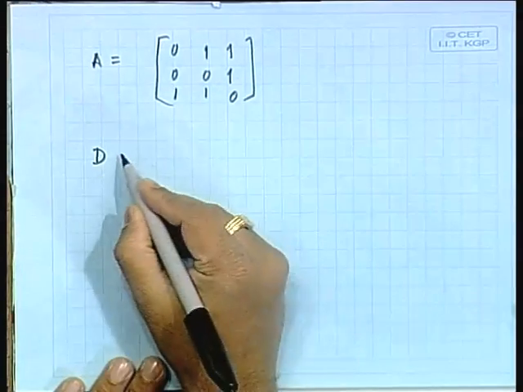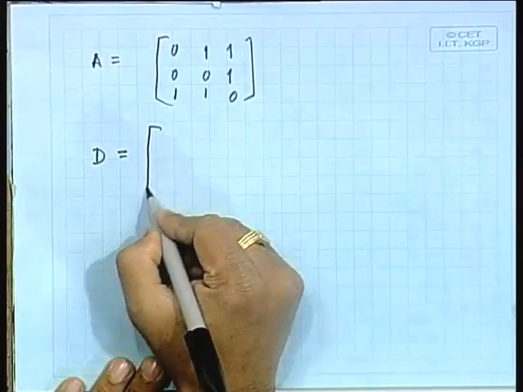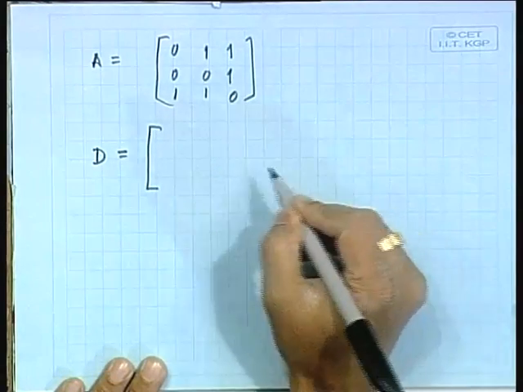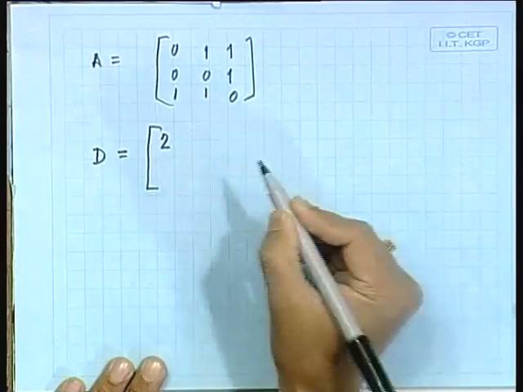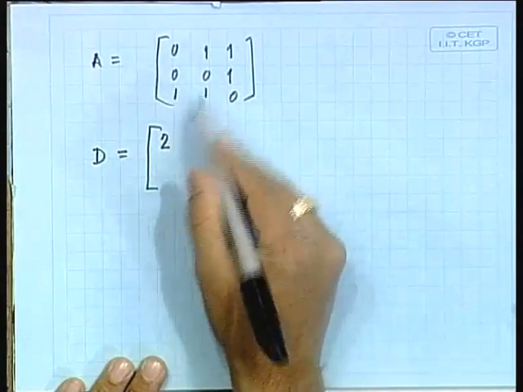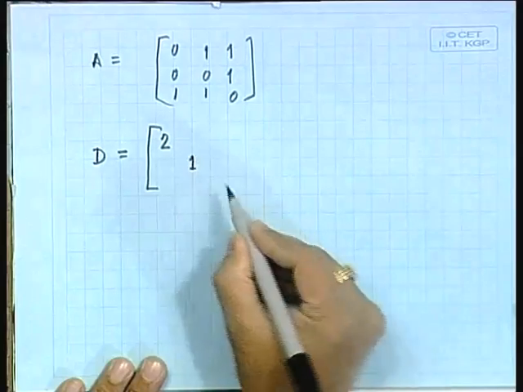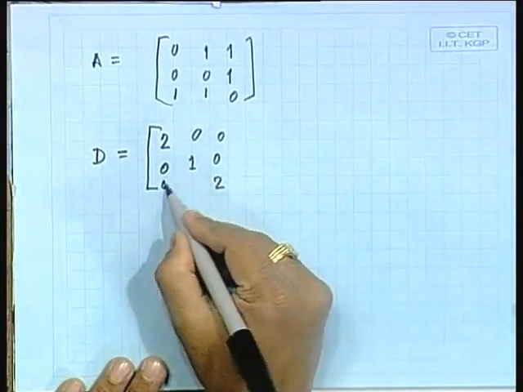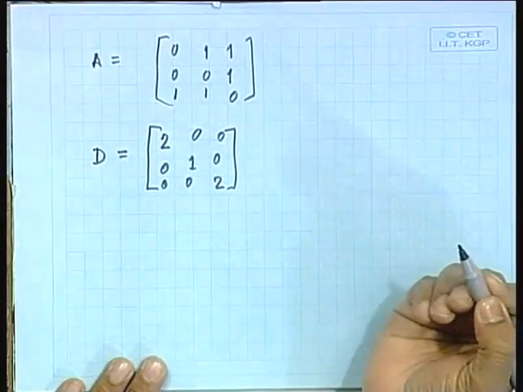This particular matrix D is the out degree matrix, a diagonal matrix which has out degrees in the diagonal. So, what is the out degree of the first row? It is 2, the second one is 1, the third one is also 2, the rest are all 0. So, this is D.